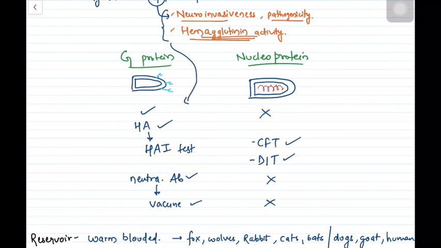Because G protein has hemagglutinin property, we can detect it on hemagglutination inhibition test, while nucleoprotein we can detect on complement fixation test or direct immunofluorescence test. This G protein also produces neutralizing antibody, because of which we are able to produce vaccine against this, but nucleoprotein has no such neutralizing antibody producing property, because of which we are not making vaccine against this.